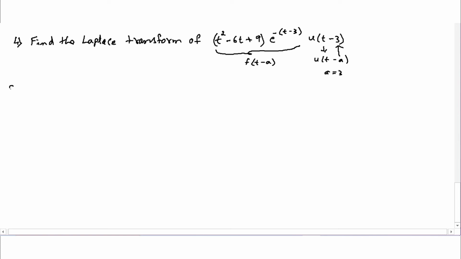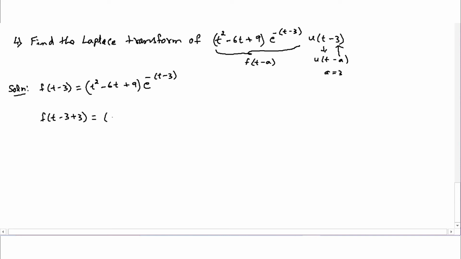So therefore I can rewrite f of t minus a, or f of t minus 3, to be equals to t square minus 6t plus 9 times e power of minus t minus 3. But I need to get the value of f of t, therefore I'll just add plus 3 on both the sides.